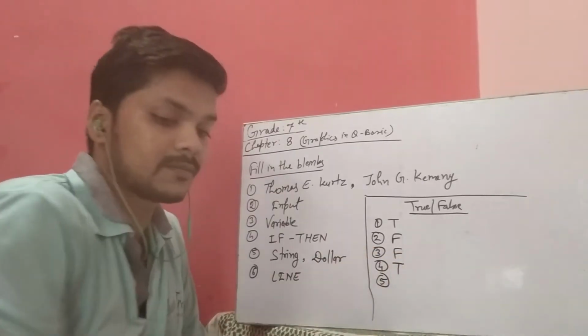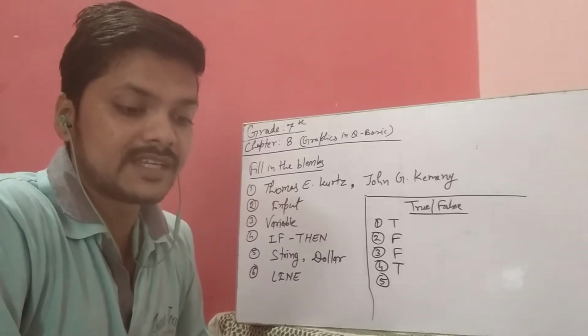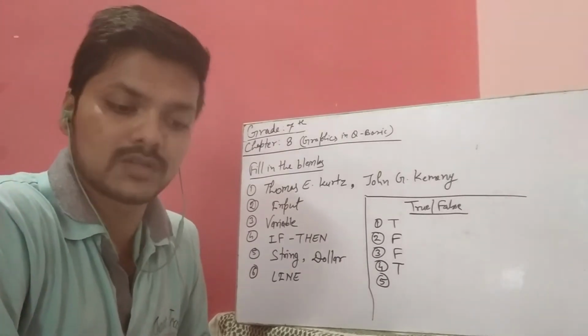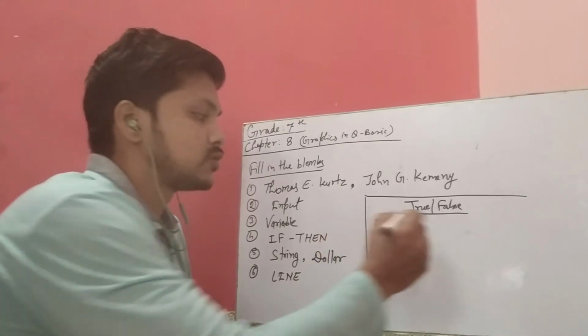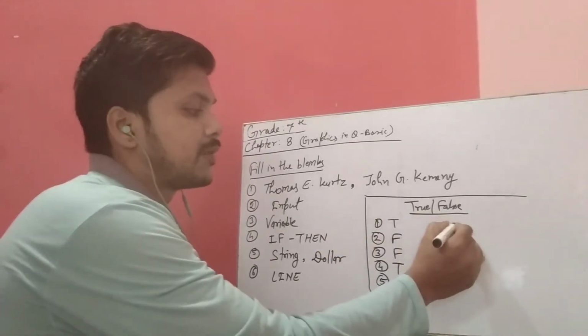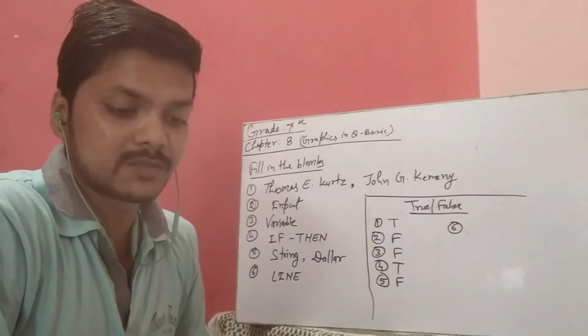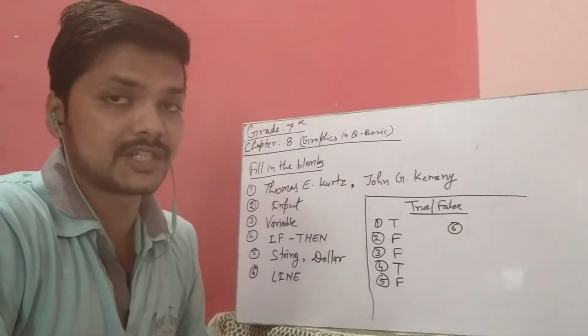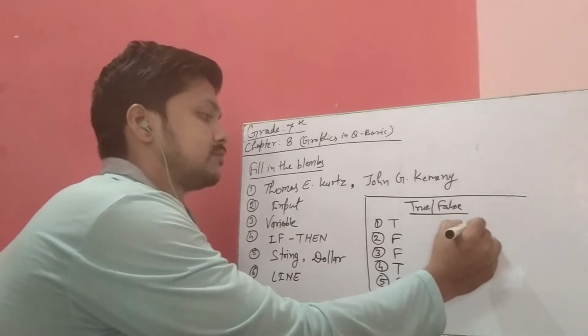Now fifth, integer constants are only positive numbers. No, they could also be negative. So here fifth is false. Now I am writing here sixth number. The DRAW statement works similar to the LINE statement. No, it is false.